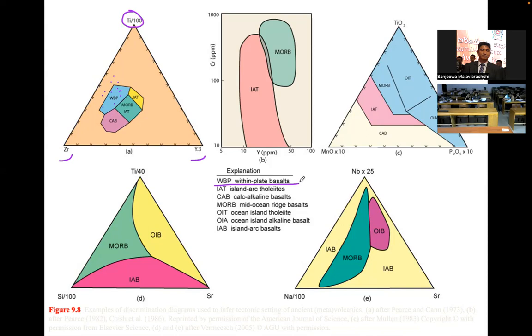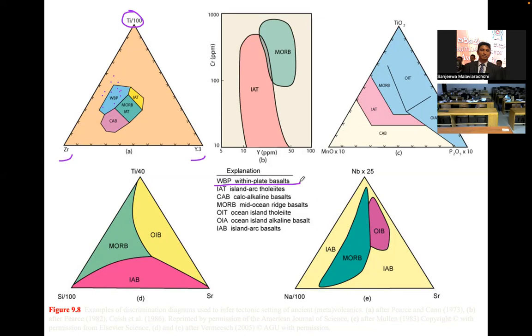Within plate basalt means rifting type basalt, right? It's not a subduction zone, it's not a collision, but it's an intraplate tectonic setting, right? So something to do with extensional tectonic events, right? Not compression like collision, right? Extensional type.